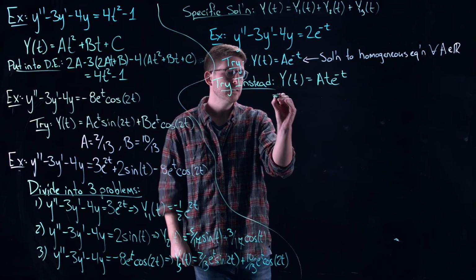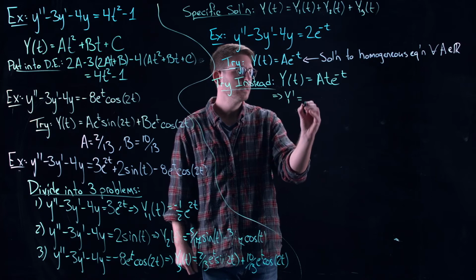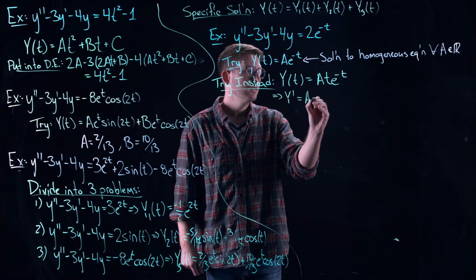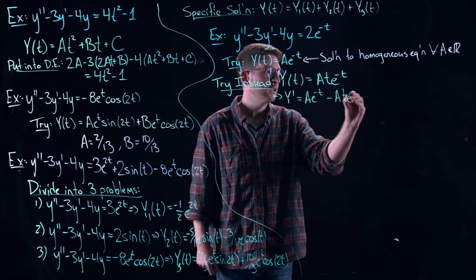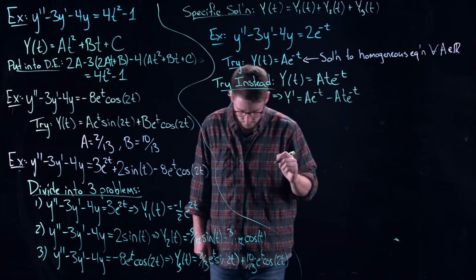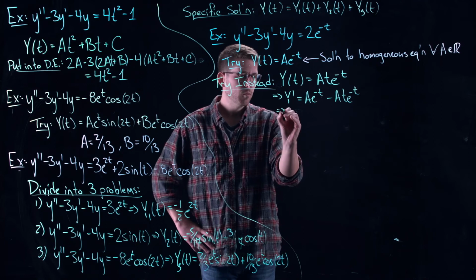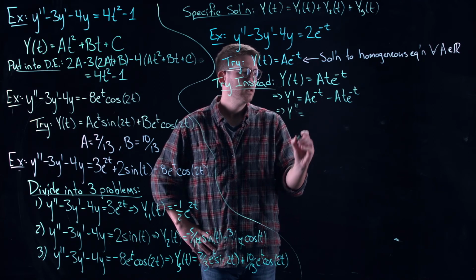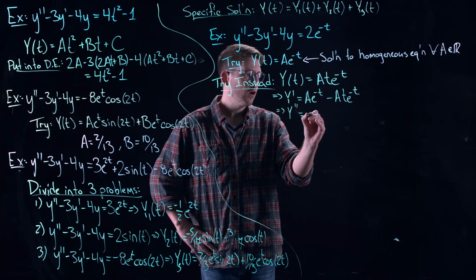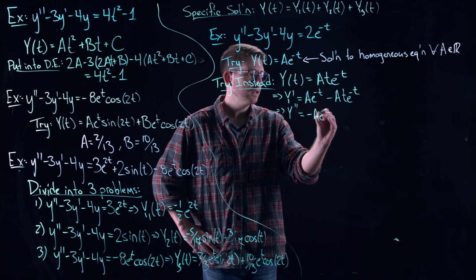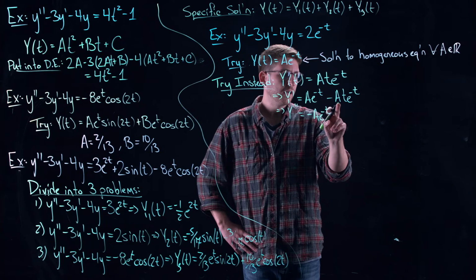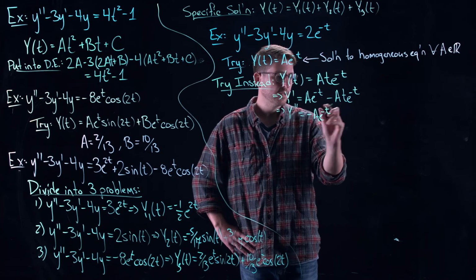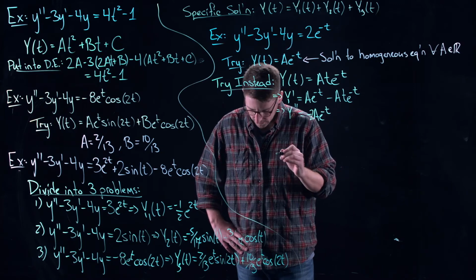So in this case, I get y prime is equal to a e to the minus t minus a t e to the minus t. Similarly, y double prime is equal to minus a e to the minus t. And then I get another one coming from taking this derivative, so I get 2 of them right here.